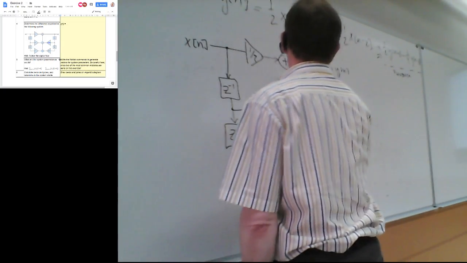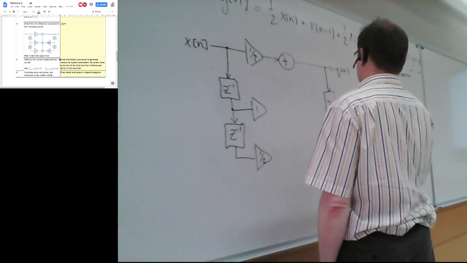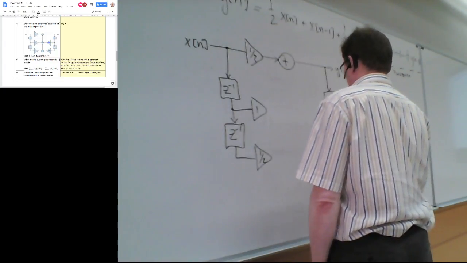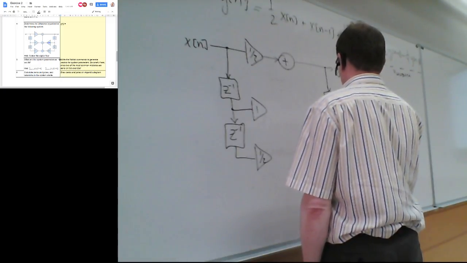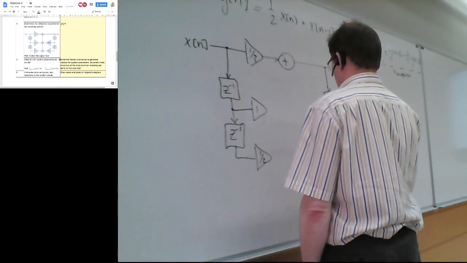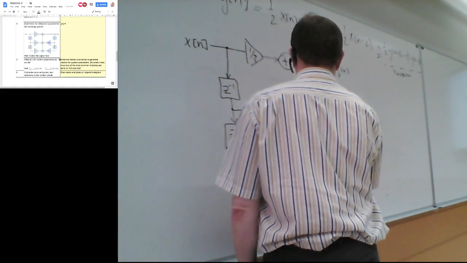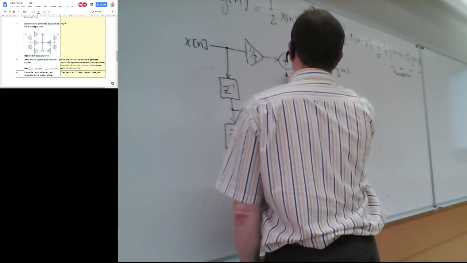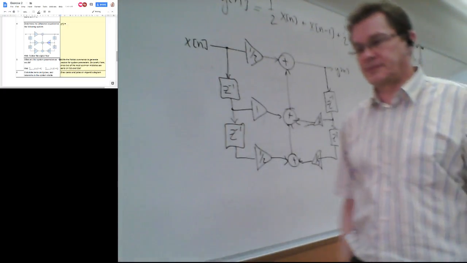Basically it has a couple of feedback terms. And the weight values are 1/4, 1/2, and then, whoops, this is a bit messy. Okay, so that flow diagram actually would follow this difference equation.